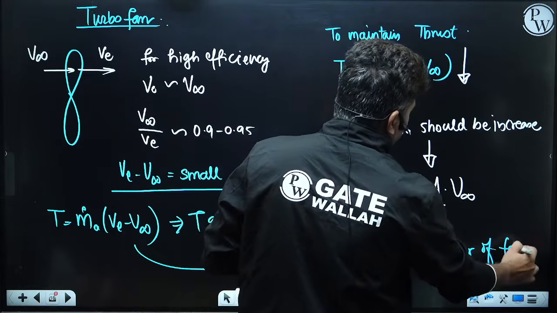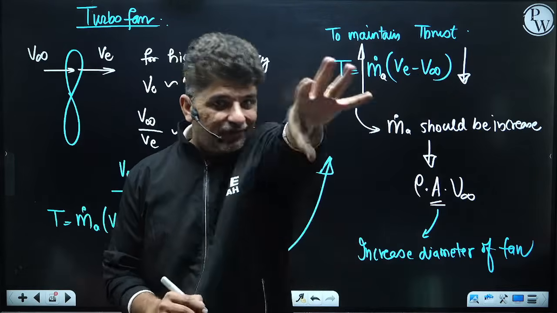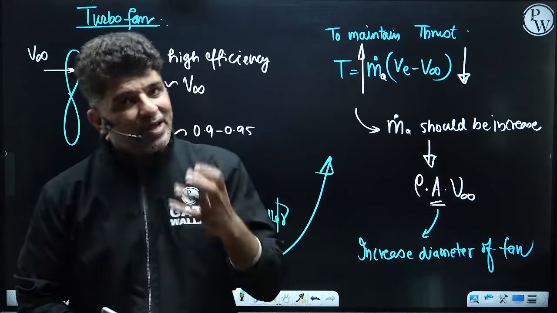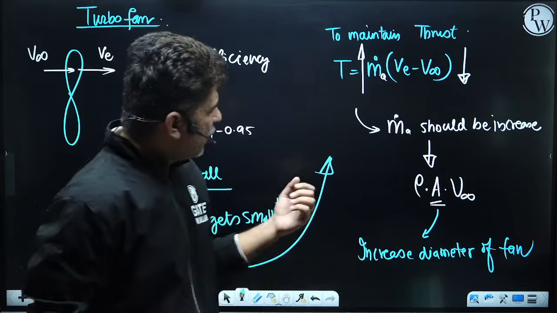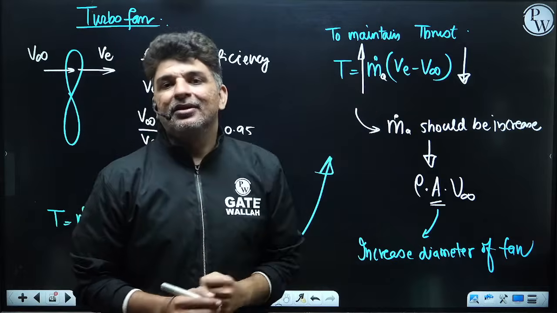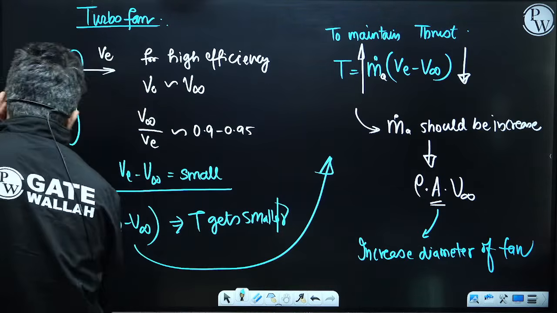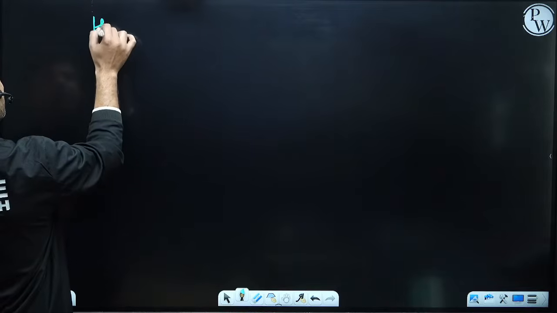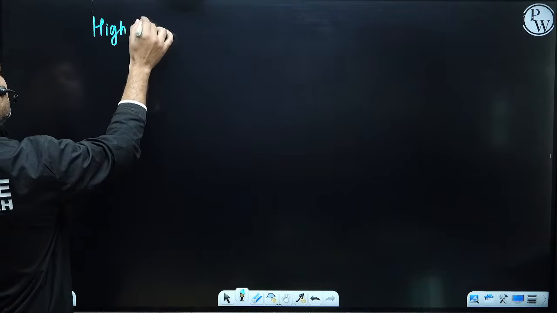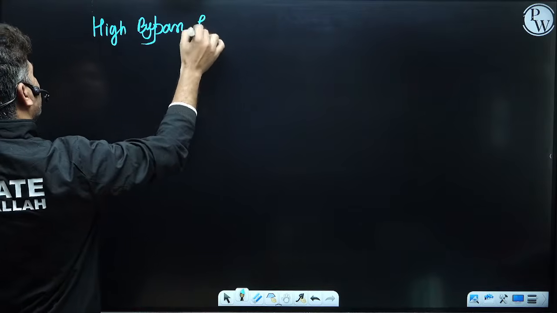When you increase the diameter of the fan, the fan will suck in more air. When the fan sucks in more air, more mass is sucked in, and the thrust is maintained. That is what is actually called high bypass. They call them high bypass fan engines.